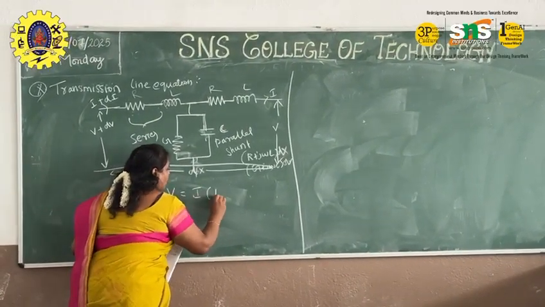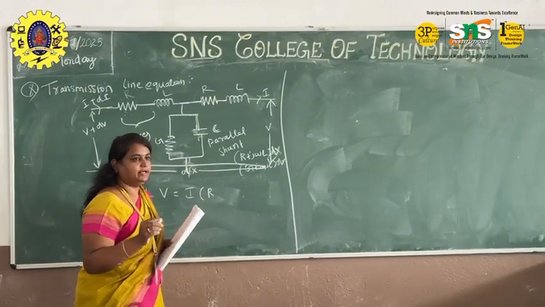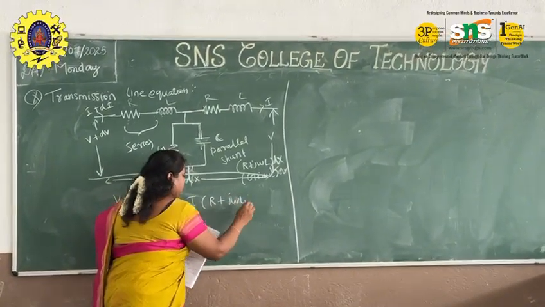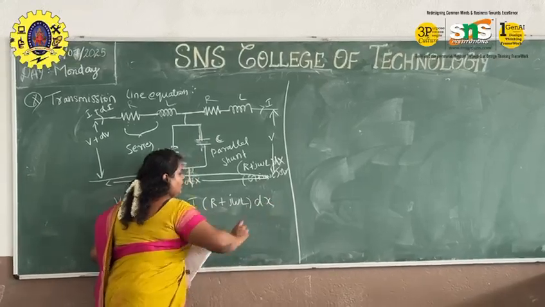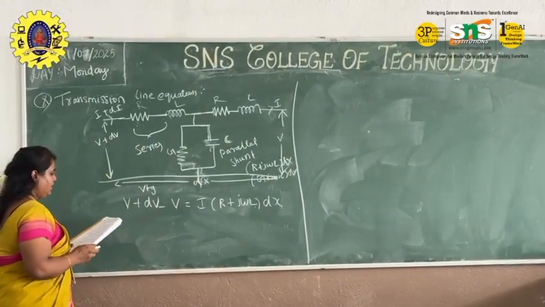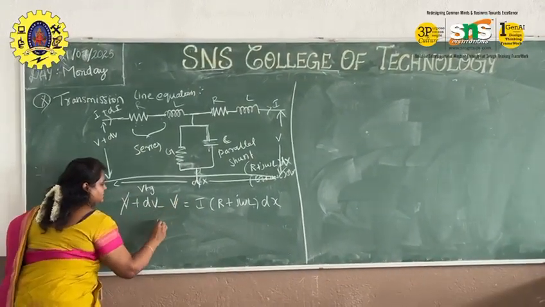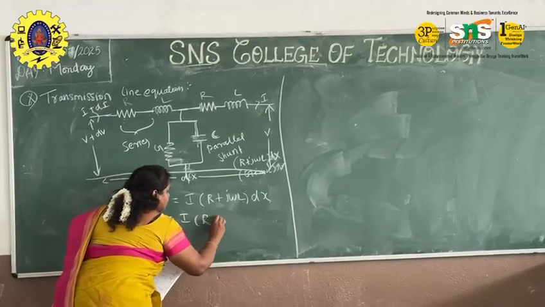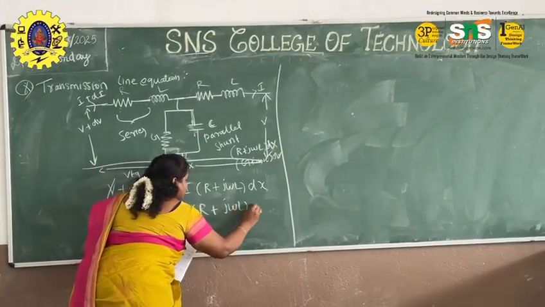By Ohm's law, it is I into the impedance, which we have written as R plus j omega L. Now this V cancels, so dV is equal to I into R plus j omega L into dx.